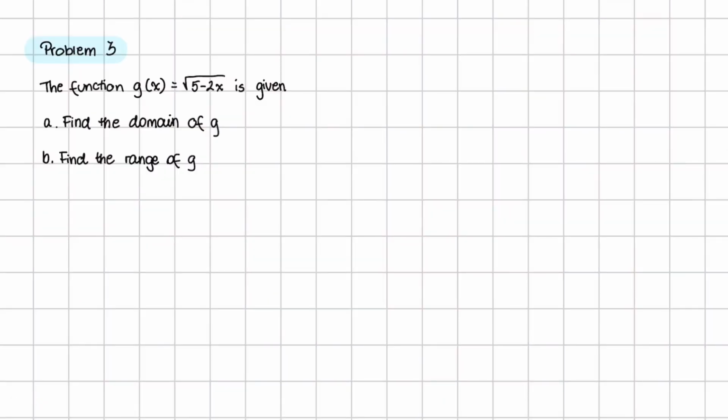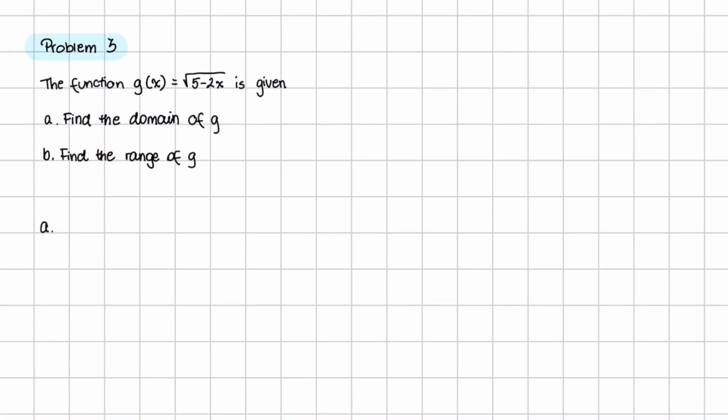Problem 3. The function g, square root of 5 minus 2x, is given. We have to find the domain of our function g and the range. In order to find the domain of g, we have to keep in mind that when we have a square root or any root, the expression under it has to be equal to 0 or greater.